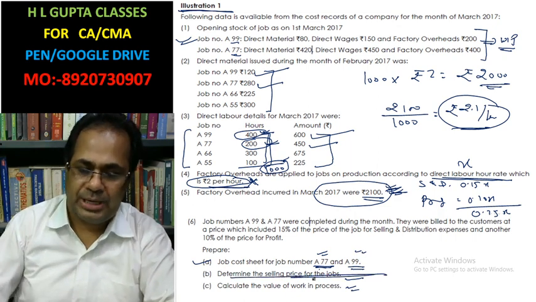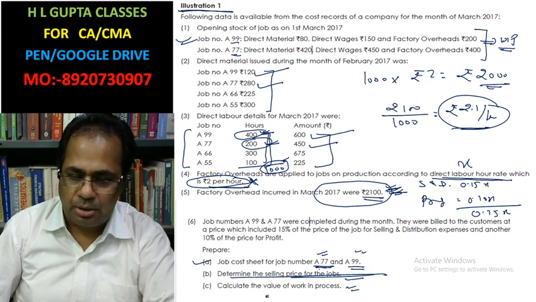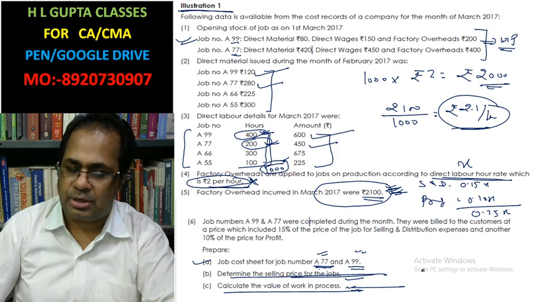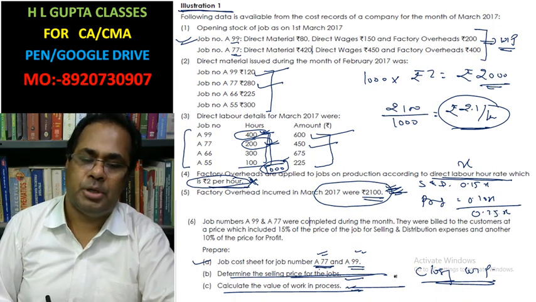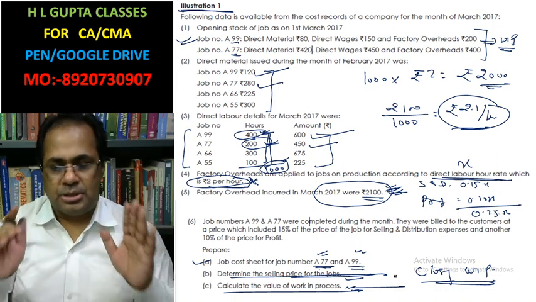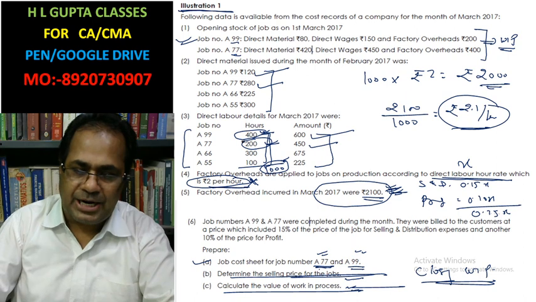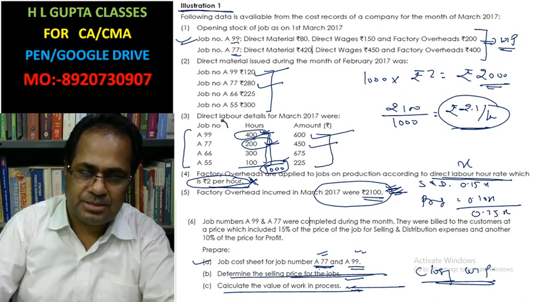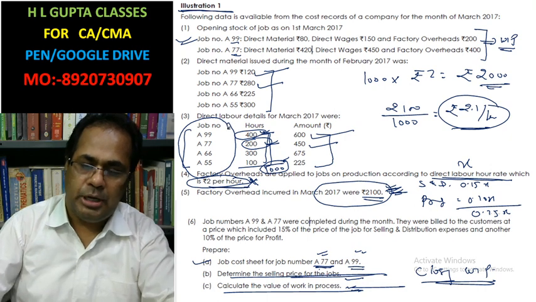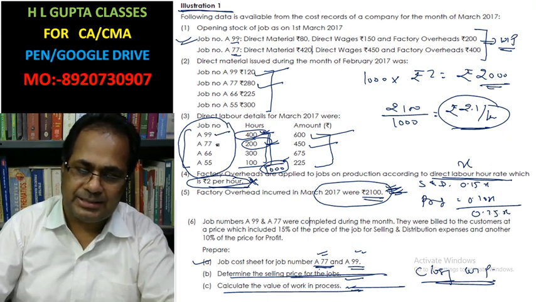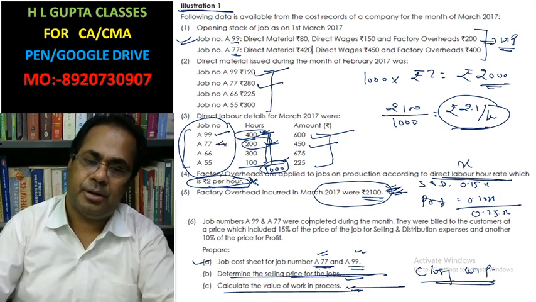Now you have to calculate the value of work in progress. This means you need to calculate closing work in progress. In the month of March, four jobs have been started. Out of four jobs, A99 and A77 have been completed.